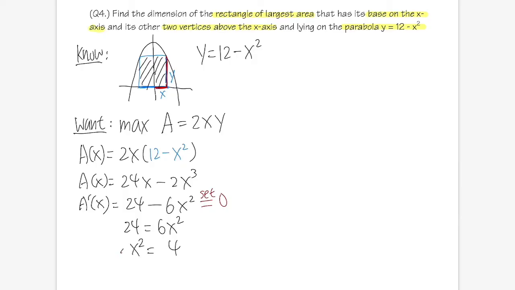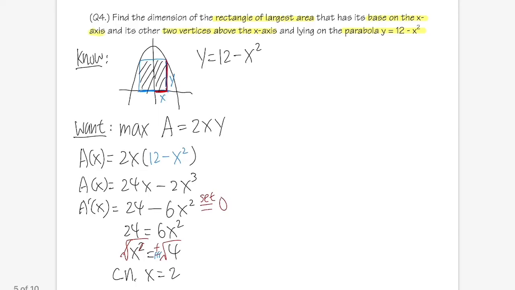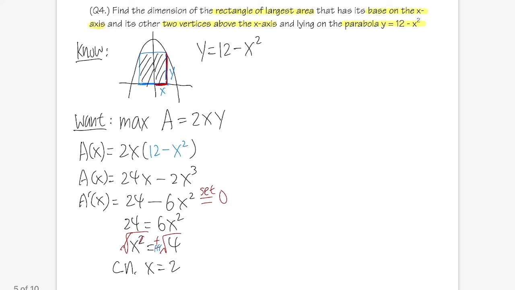Taking the square roots on both sides, we just need to consider the positive. So the critical number we care about is just x equals 2. If you say x equals negative 2, then you are looking at the other direction. Maybe you can still work that out, but 2, you know it's going to be the answer.